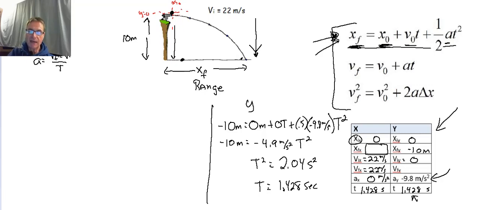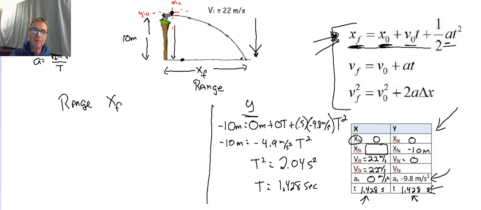Don't round down to just 1.4 or 1, because you're going to lose a lot of accuracy. Now, I found the time in the y dimension, and I immediately transferred that over to my time in the x dimension. So now I'd like to know the range, or x final, in the x direction.